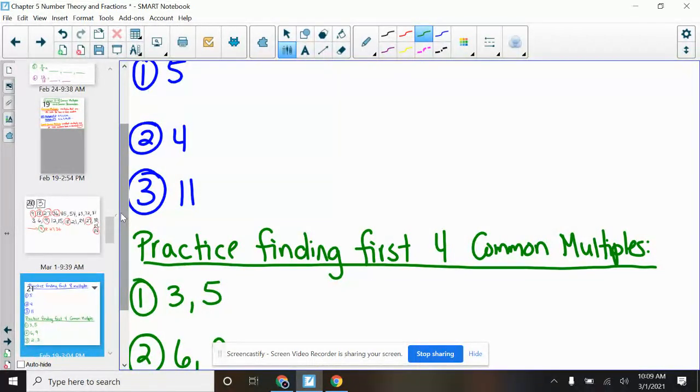What number? 2 in blue, 1 in green. Okay. This is where you show me that you're learning what we're doing.